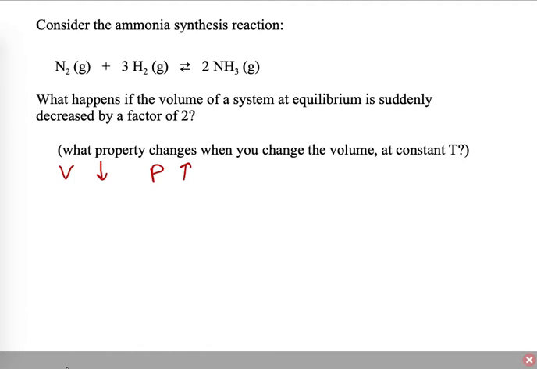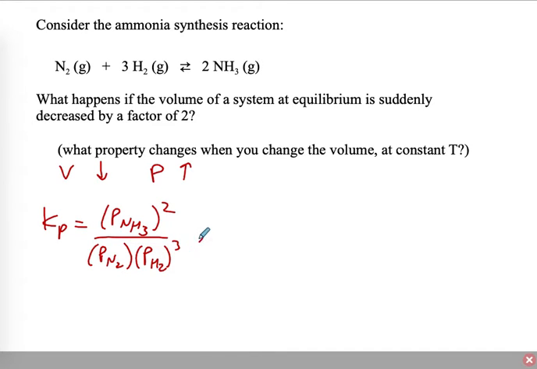So let's ask the question, how will that affect the equilibrium position? Kp is the partial pressure of ammonia squared divided by the partial pressure of nitrogen times the partial pressure of hydrogen cubed. Let's calculate Q. If I take the system at equilibrium and suddenly decrease the volume by a factor of 2, as I said before, I will double all of the partial pressures.